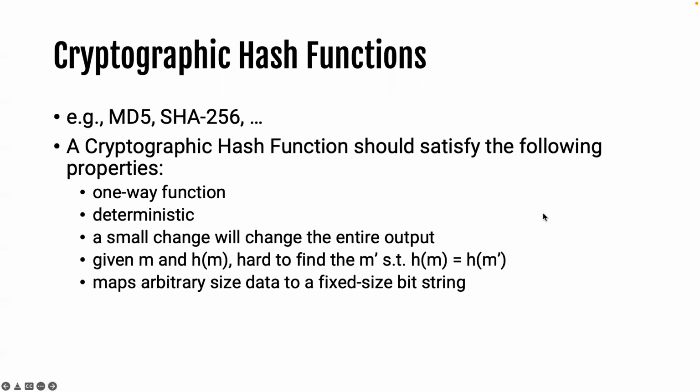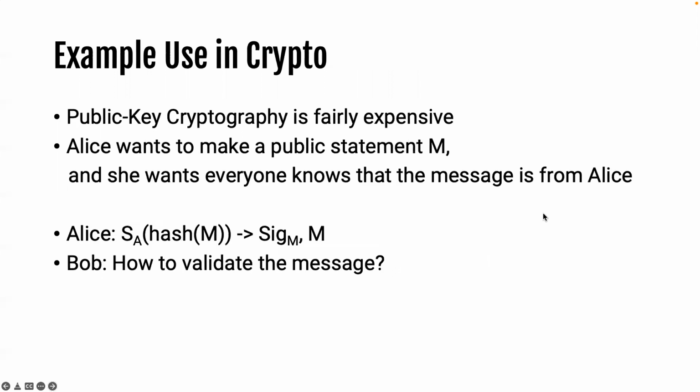And this nice thing about a cryptographic hash function helps us with integrity. So one example used for message integrity is that if Alice sends a message to Bob, Alice can hash the original message and then send this message to the outside.